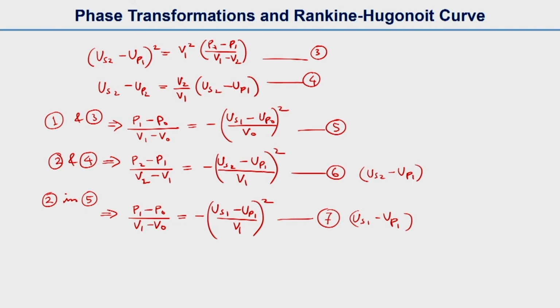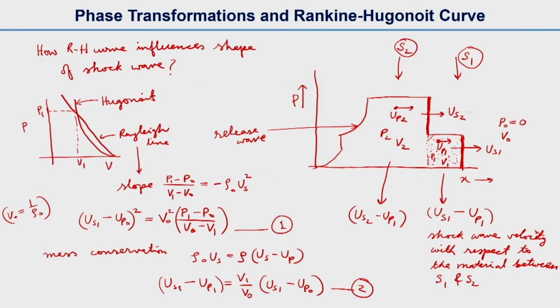So we will see now this problem in the previous slide. What is happening here is, the first shock wave is traveling at a speed of US1, but as we told, the shock wave velocity with respect to the material is US1 minus UP1, and in the second wave the relative velocity is US2 minus UP1.